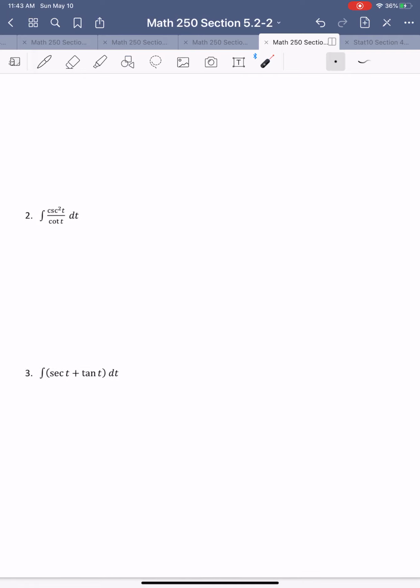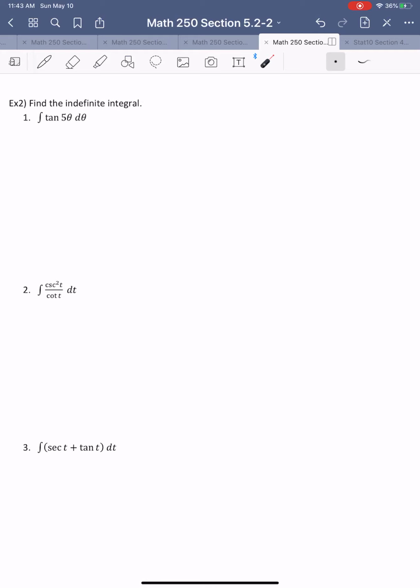All right, so let's try this. For the first problem, I want to say this time u is 5 theta, so du is 5 d theta.